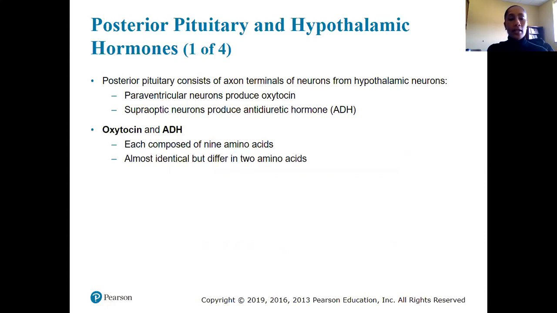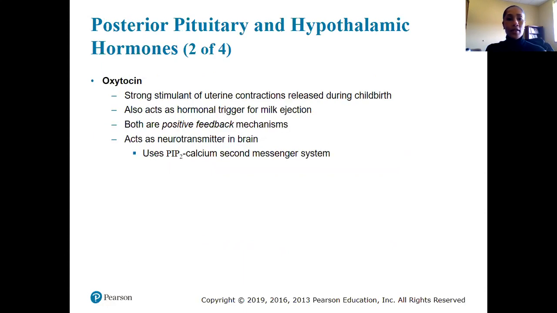I've already talked about the posterior pituitary gland and its storage of ADH and oxytocin, so I'll skip over this one, but I do want to touch on how these hormones affect the body. So oxytocin is the hormone that's going to stimulate uterine contractions, and it's also going to assist in the trigger for milk ejection once a woman has a baby and she is lactating.